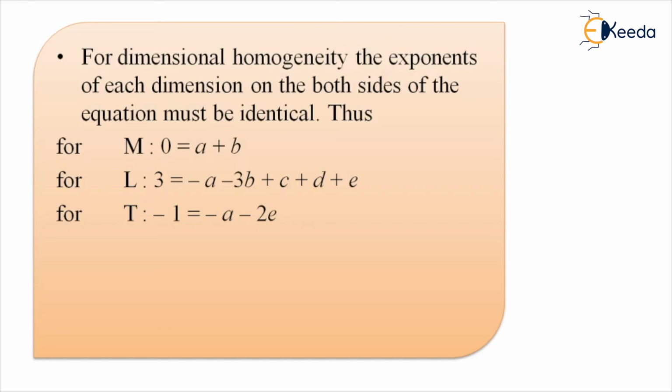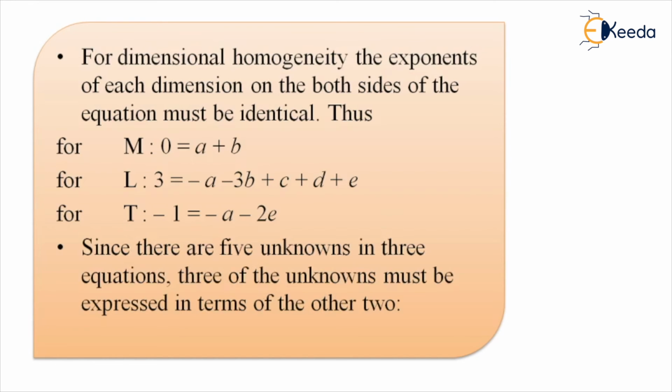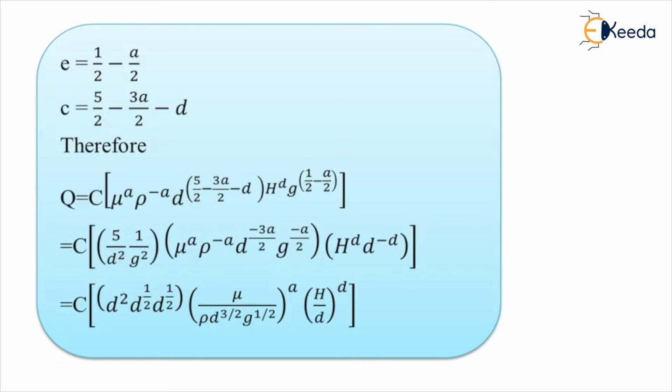Since there are 5 unknowns in the 3 equations, 3 of the unknowns must be expressed in terms of the others. So we have b is equal to minus a, from equation 1, that is for M, e is equal to 1 by 2 minus a by 2 and c is equal to 5 by 2 minus 3a by 2 minus d.